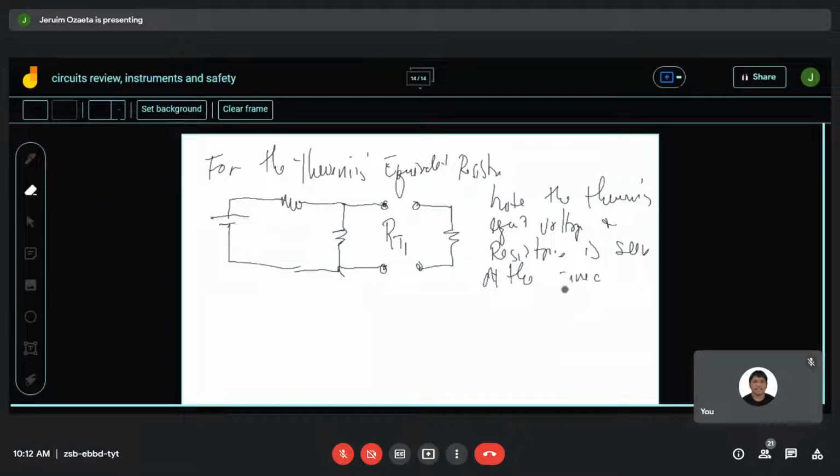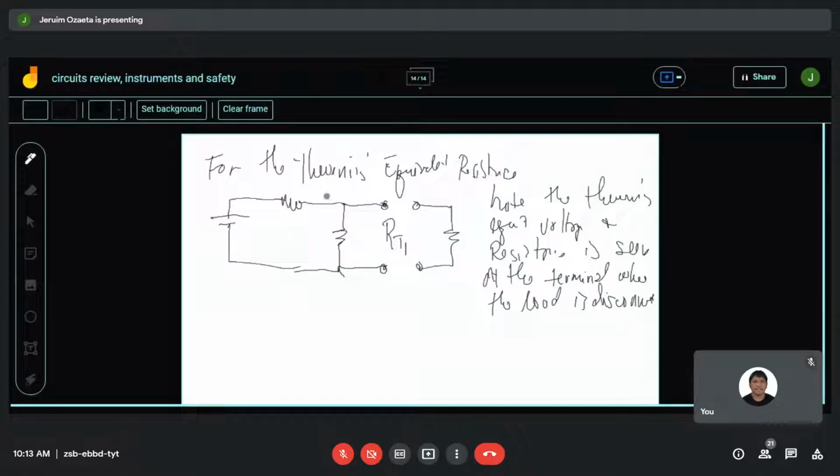Terminal, not thermal. At the terminal where the load is disconnected. Okay, so that's it.